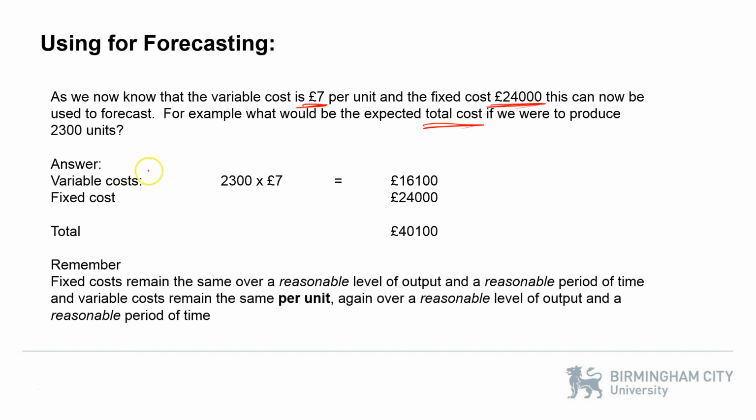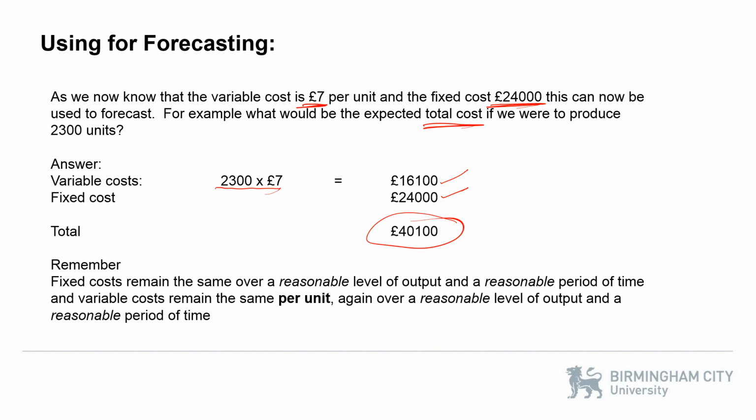Well, each unit would cost us £7 in variable costs, so 2,300 times 7. So that gives us 16,110. We would incur the fixed costs, which would be 24,000. So our total cost, two of those figures added together, £40,100. So we've got a forecast.